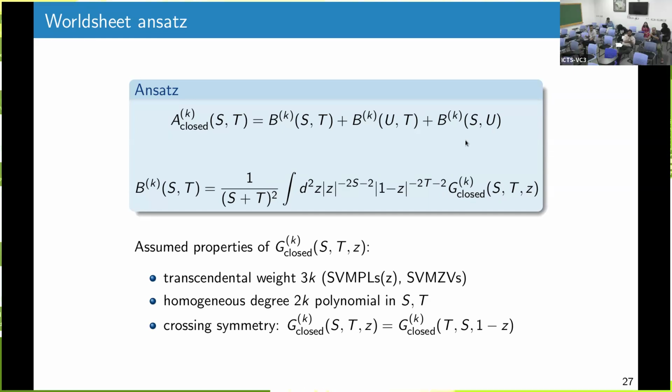So for k equals 1, this will be some 5-point function. We use the 5-point function to motivate that this will have transcendental degree 3 single-valued polylogs. So we just make it an ansatz, and then we will fix the coefficients. Because we don't know exactly how to compute this from a 5-point function, because we don't know the vertex operators for this string theory.